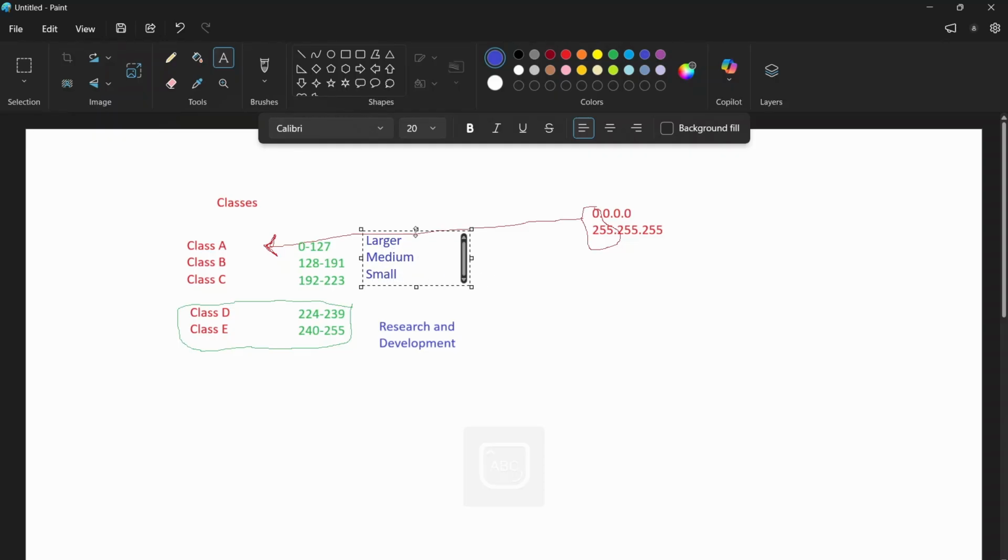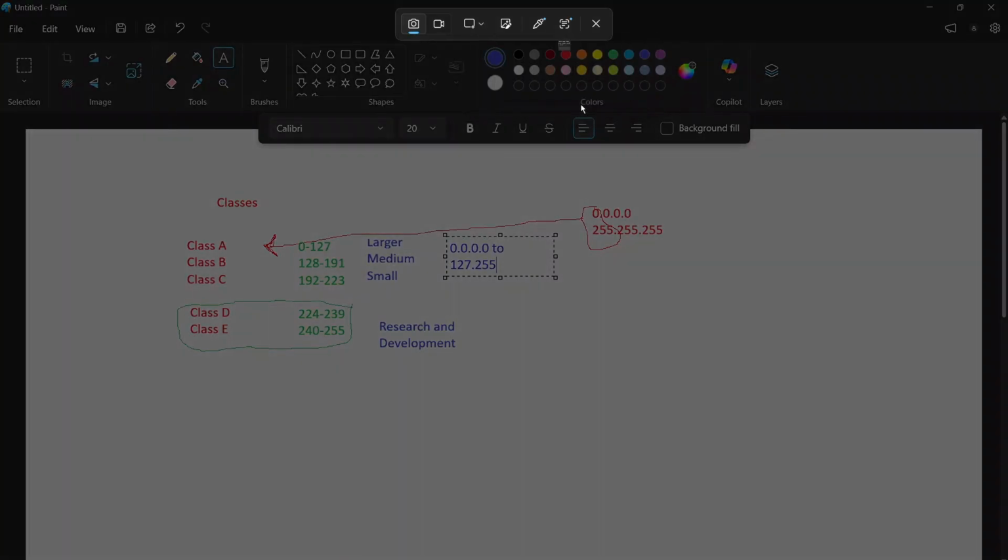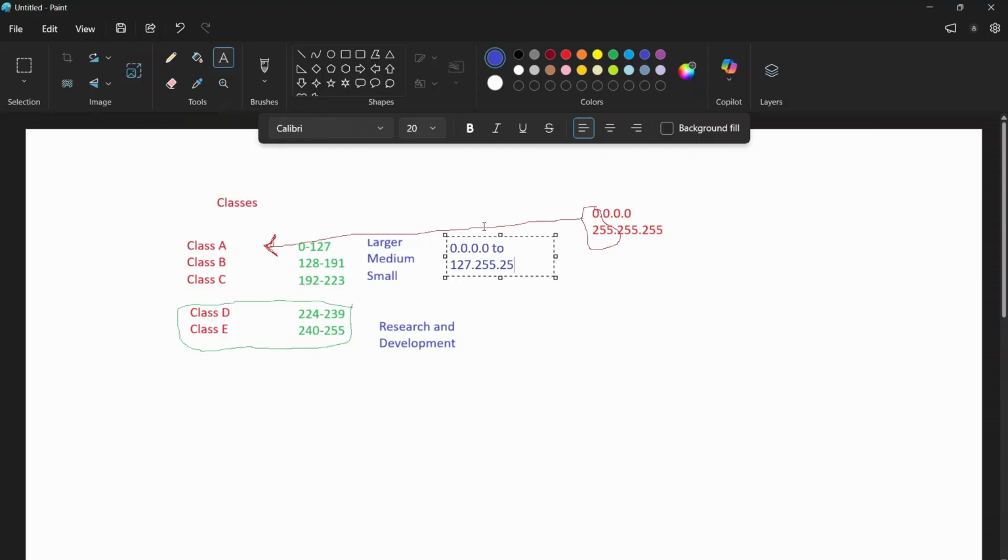Now you might get a doubt: what is this 0 to 127, 128 to 191, 192 to 223? 0 to 127 is nothing but 0.0.0.0 to 127.255.255.255.